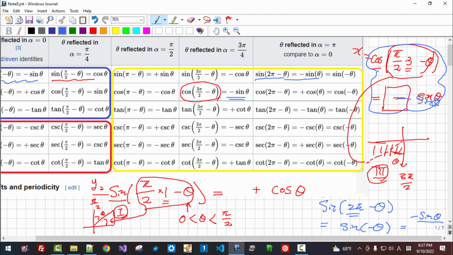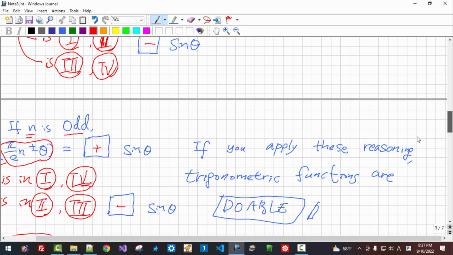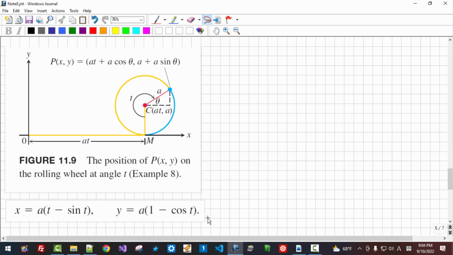It matches perfectly. In this episode, we need this identity and this identity. Now scroll down. We will now derive these parametric equations for the cycloid.